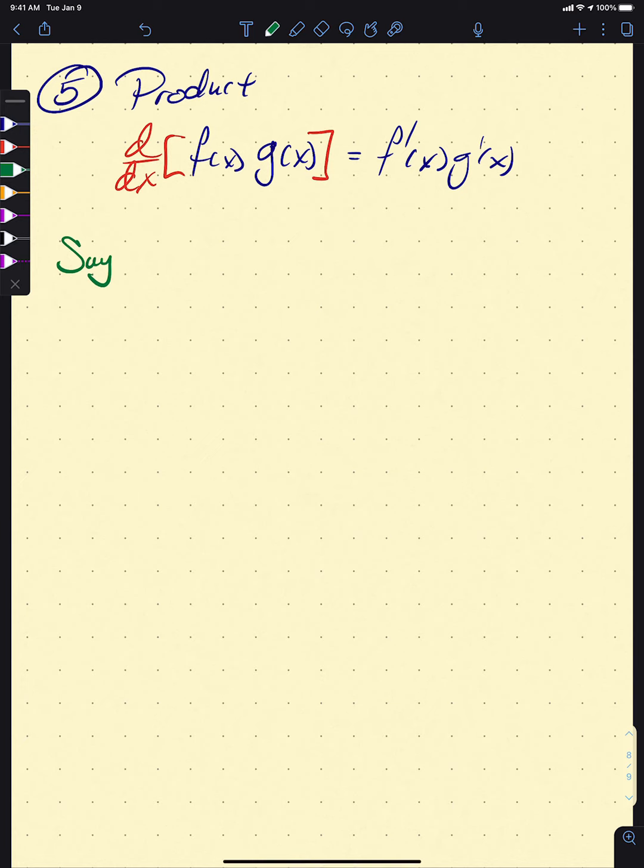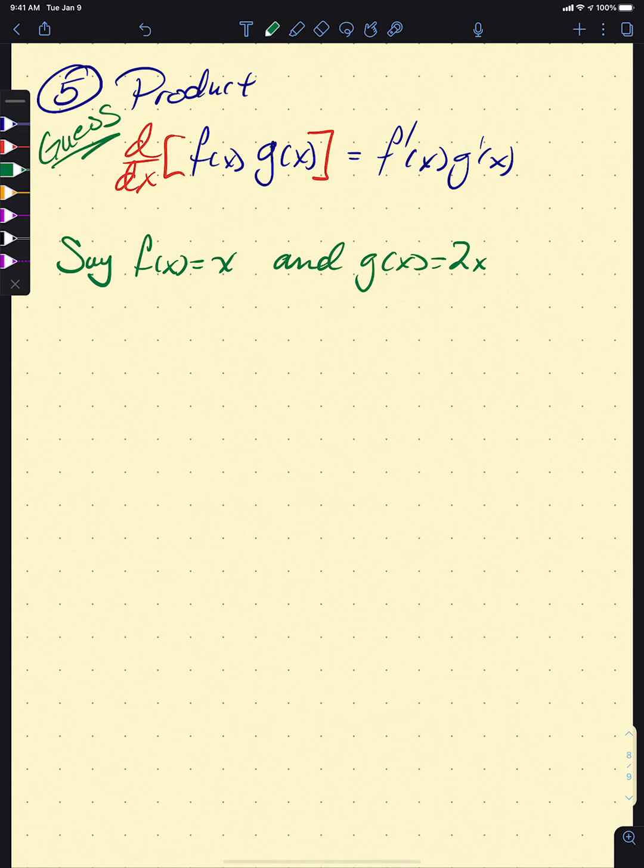Let's say f(x) equals x and g(x) equals 2x, okay? And I want to make it clear this is our guess. Let's take the derivative both ways. What's f prime of x times g prime of x?